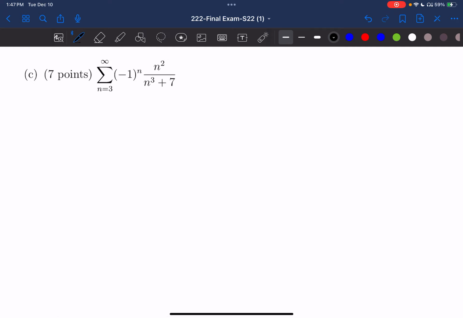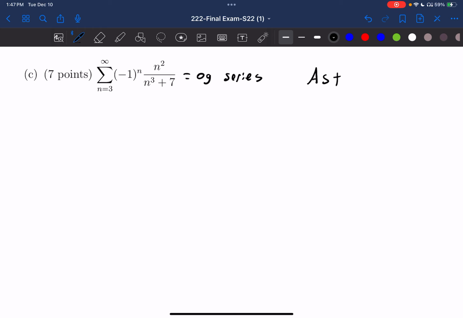Okay, this one is a little bit more challenging in the sense that we need to write a lot more stuff to prove that we can use the tests we want to. Let's call this the OG series, the original series. And we can state the alternating series test. So for the alternating series test, 4 conditions need to be met for it to be convergent.